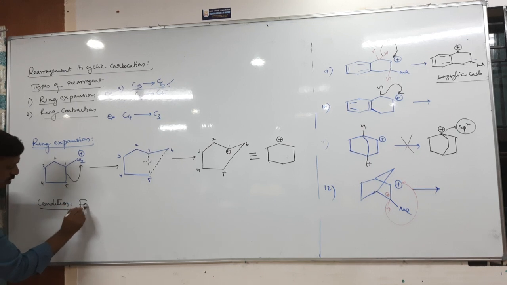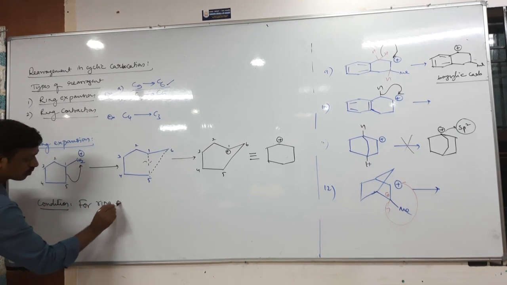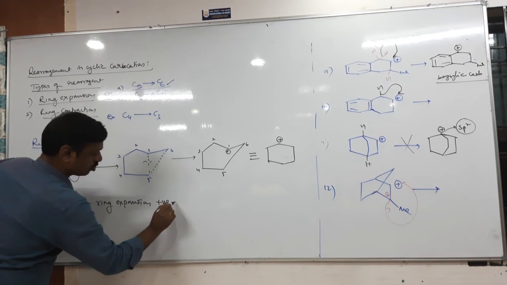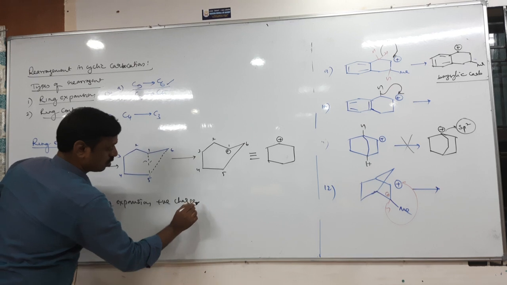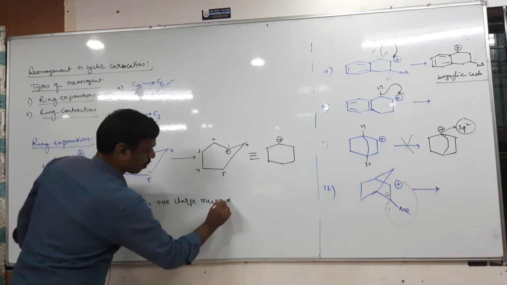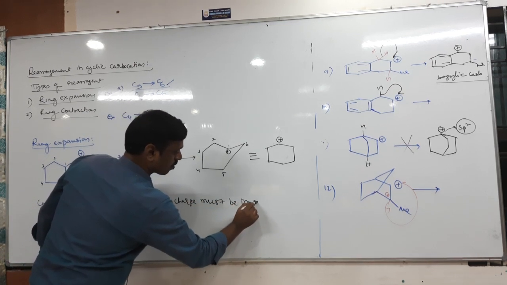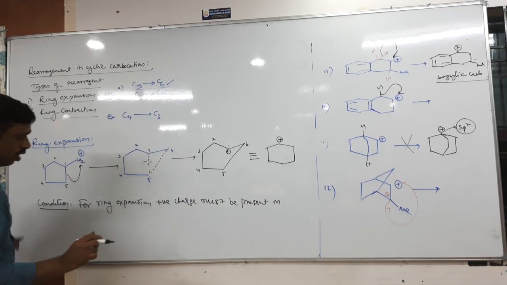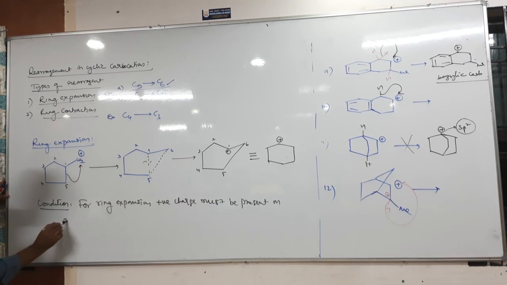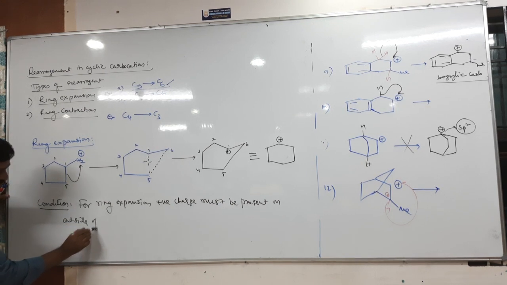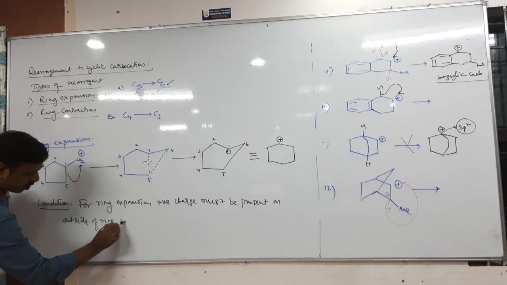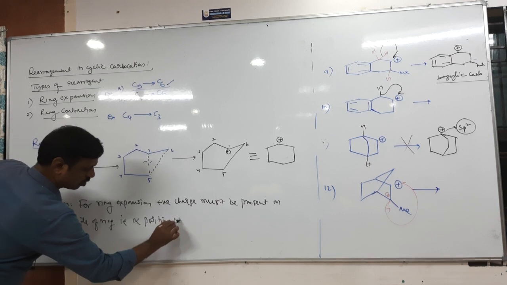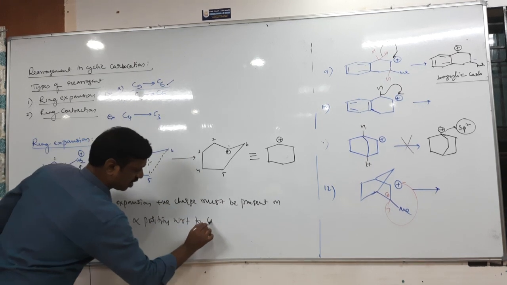For ring expansion, the positive charge must be present on the outside of the ring, that is, the alpha position with respect to the cyclic ring.